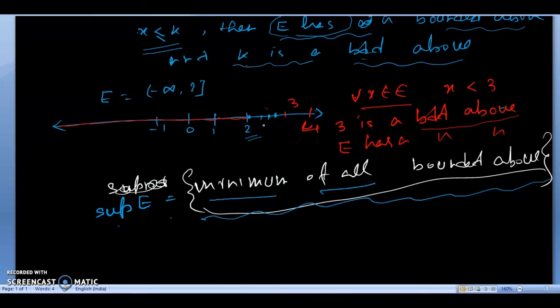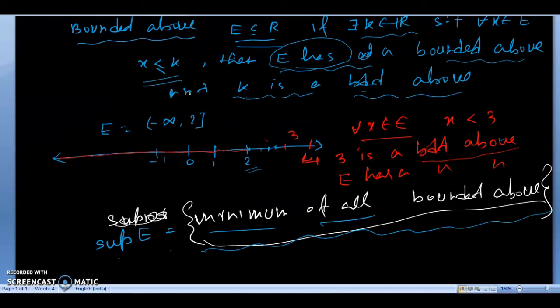2 is also a bound above because in the given definition, k is a bound above if x is less than or equal to k. That means all the numbers except 2 are always less than 2, and for 2, 2 equals 2. If the equal property holds, that doesn't matter.